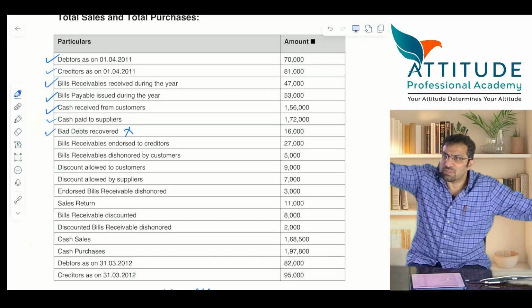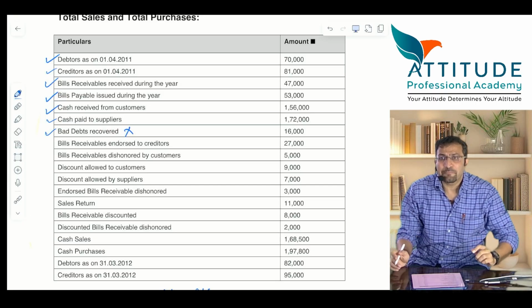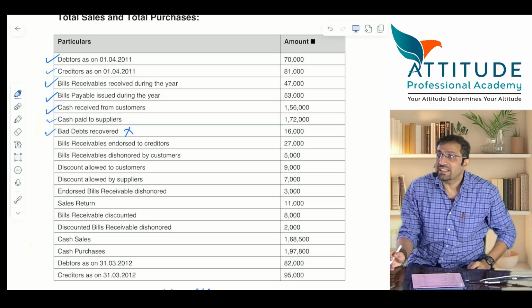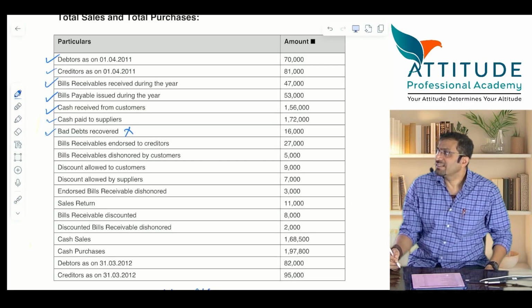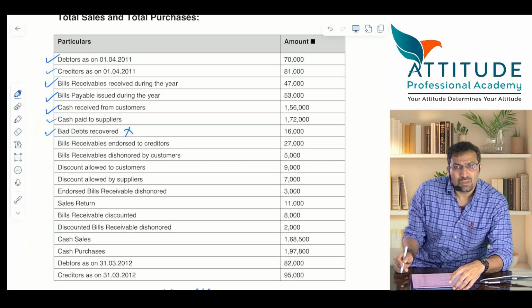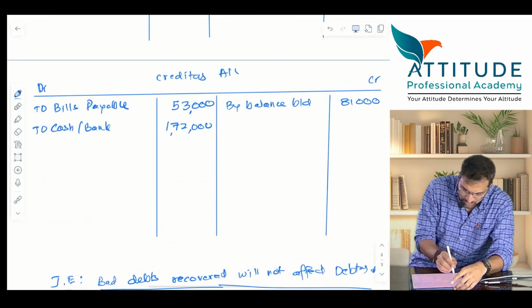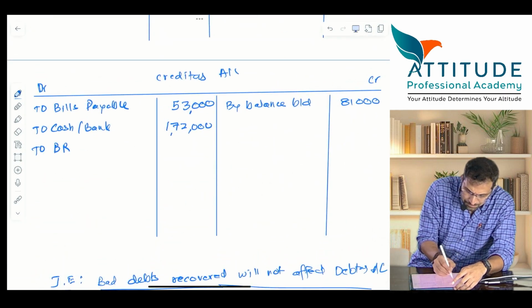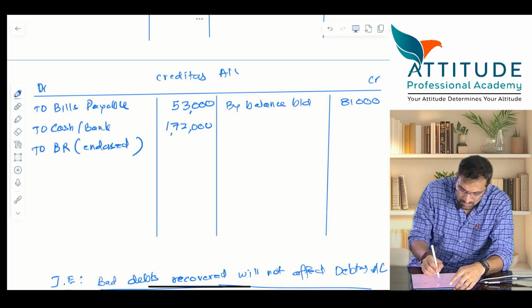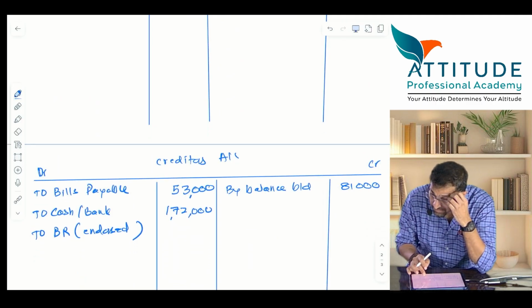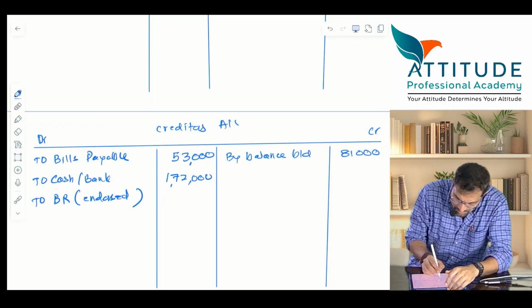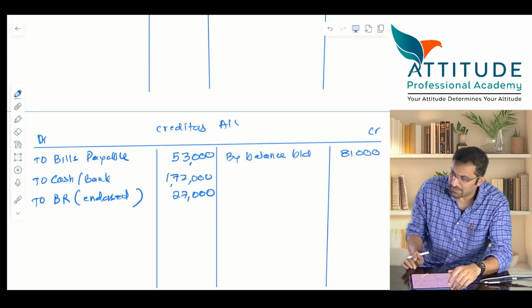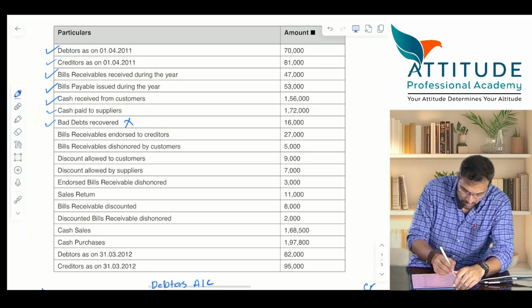Means your liability also comes down, your asset also comes down. Please tell me the entry. Bills receivable endorsed to your creditors. Creditors account debit to bills receivable. Very good. So creditors account is affected, to BR, this is the endorsed amount. How much? 27,000. All of you got it? Next. Next sir, this is also done sir.